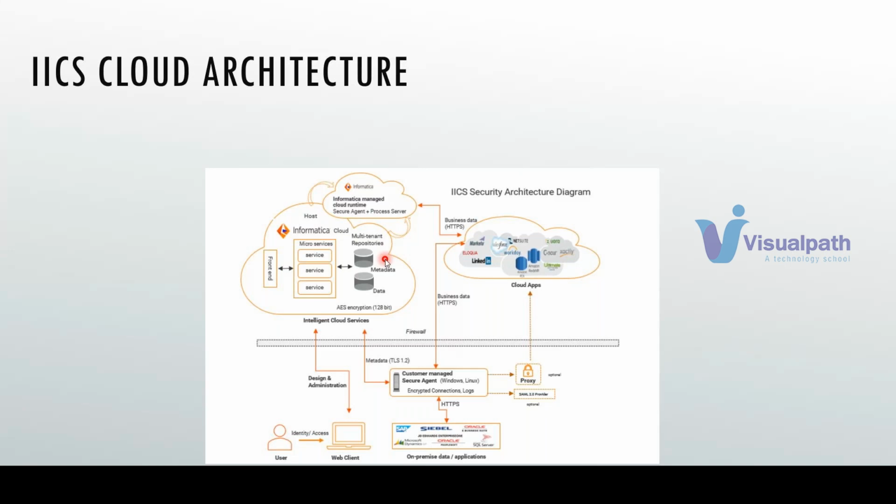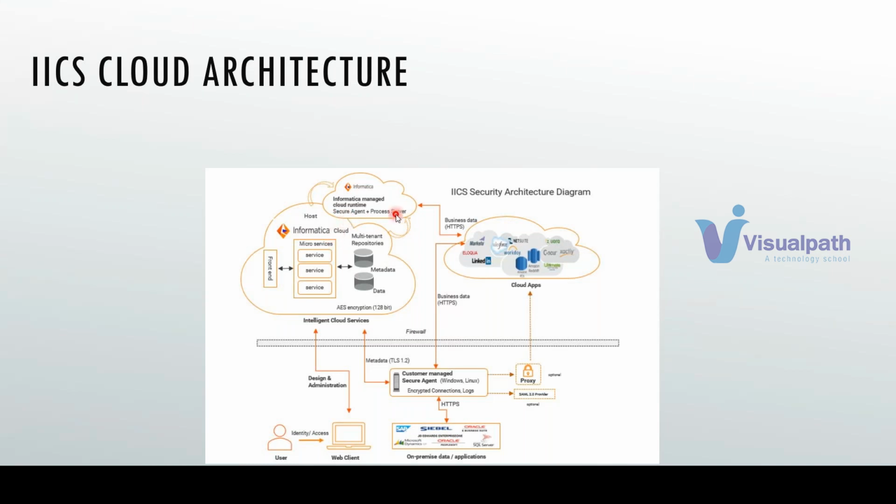So the microservices, you see this picture, right? Where you have multiple microservices. So microservices-based architecture, Informatica hosted cloud repository, and Informatica managed cloud runtime secure agent and process server.